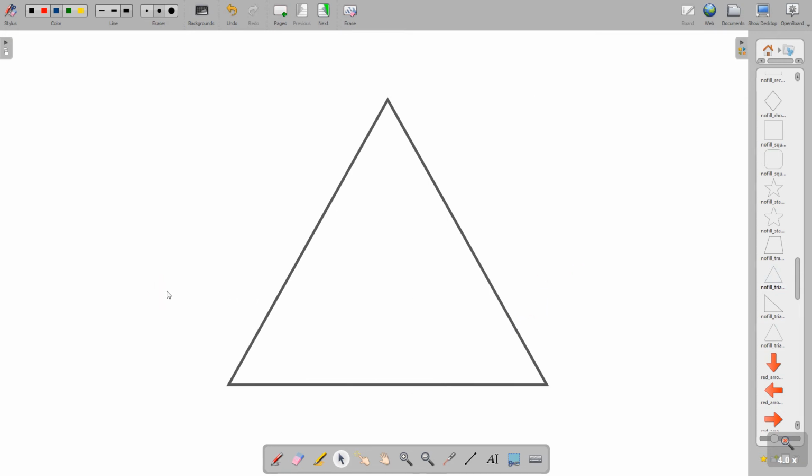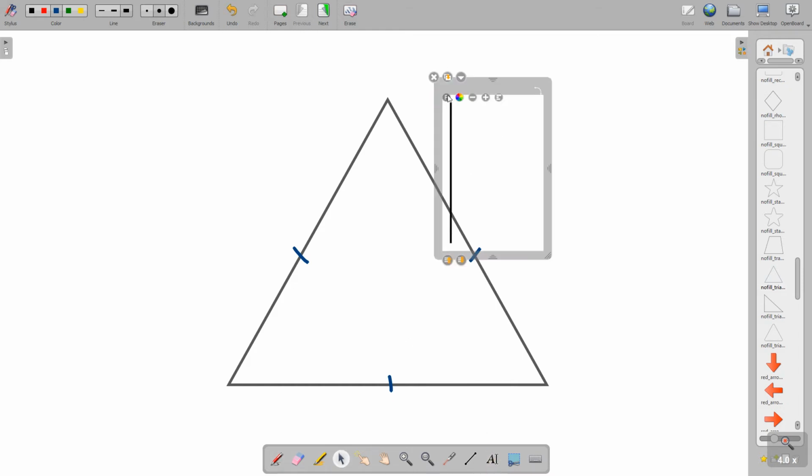Okay. So, start by drawing one of these. And it's very unique. Ready? Here's what makes it unique. Ta-da! I hope you know the name of that triangle. If you don't, that's okay. Let me just type that out for you.